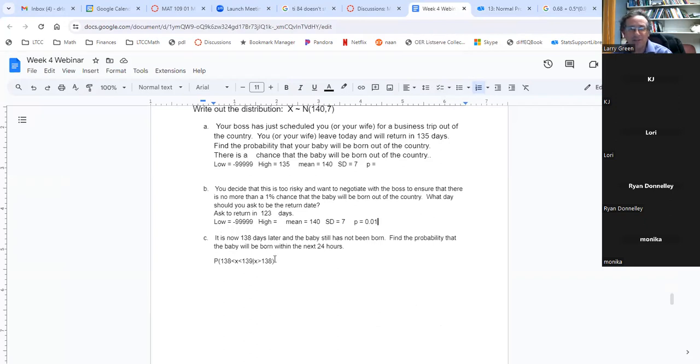Okay, so here's the next question. Now just imagine it's 138 days later and the baby still has not been born. Got it? Find the probability the baby will be born within the next 24 hours. Is that clear what the question is?